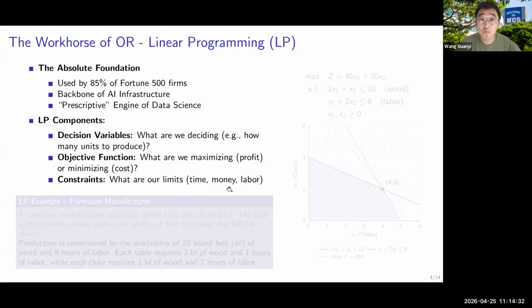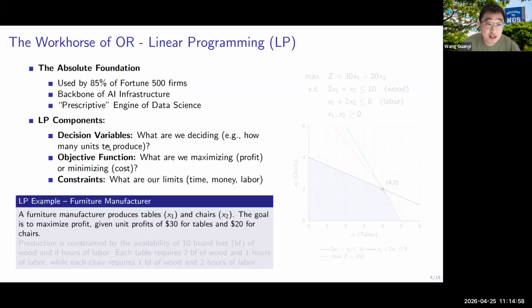So we always meet a lot of limitations, but what linear programming helps you do, in order to have good OR analytics and make decisions, is to do our best within these restrictions.